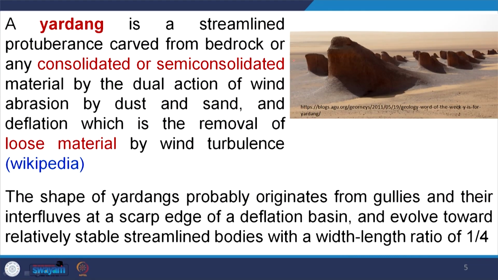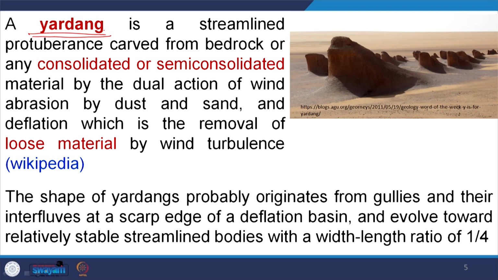If we allow the wind to interact further, by removal of material through abrasion, a landform resembling the hull of a boat is formed, called a yardang. A yardang is another product of wind abrasion.